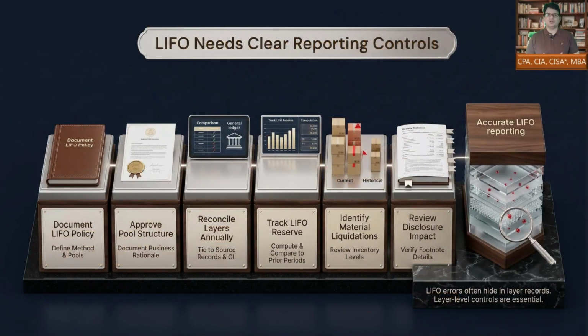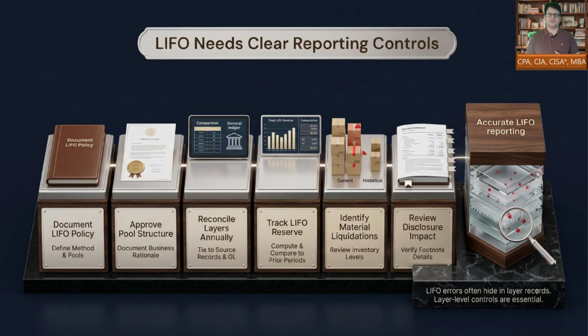LIFO needs strong reporting controls because errors often hide inside the layer records, not in the final inventory total. The company should document the LIFO method, pool definitions, and index approach in its accounting policy manual. Management should approve pool structures with a clear business rationale. Layers should be reconciled annually to source records and the general ledger.